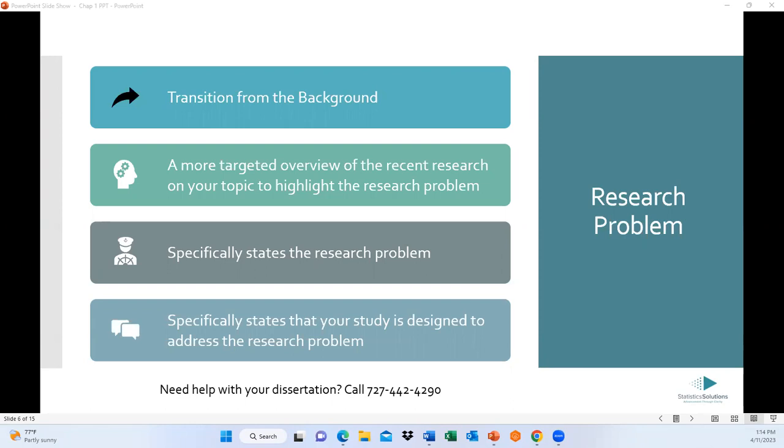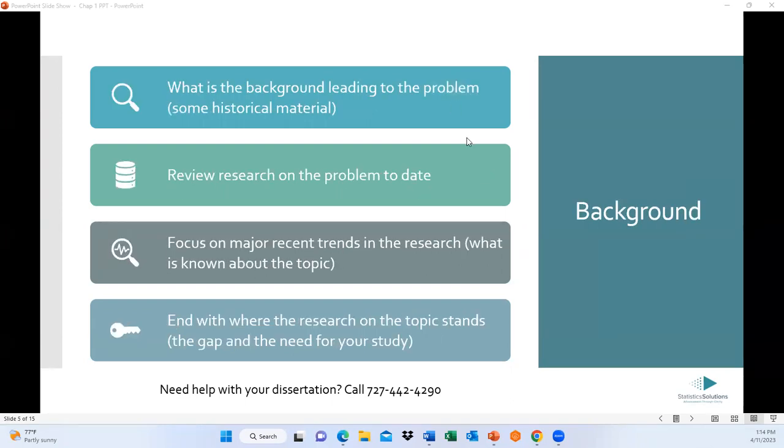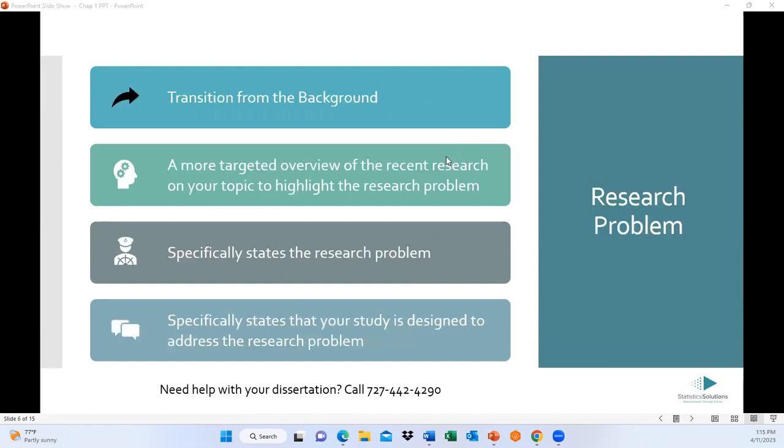So the research problem section, and to go back to the background just a minute, how long should the background section be? At least a few pages, probably, to catch the reader up on what's going on with the topic in the research. The research problem section is more focused, so it can probably be less than a page.